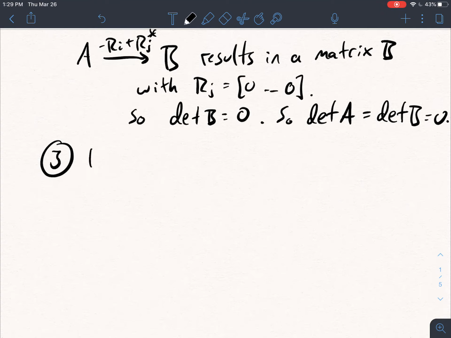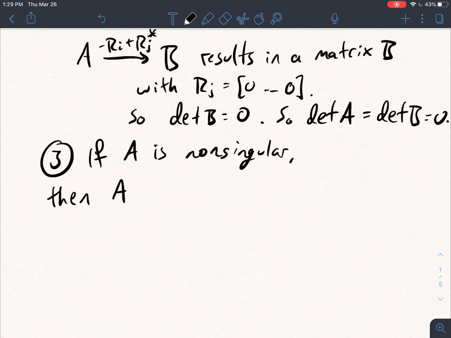So, first off, let's say that if A is non-singular, then A row reduces to the identity matrix.